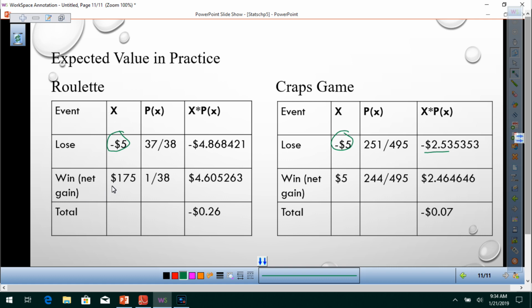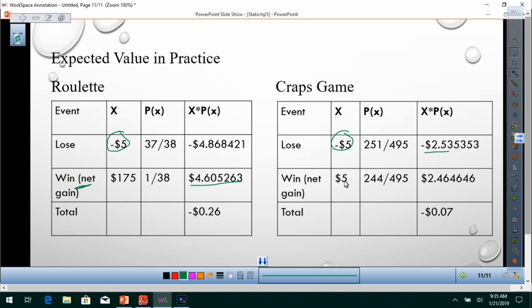But if you win in roulette, the net gain, that's minus the $180, minus the $5 that you put in, would be $175. The probability of 1 over 38 gives you $4.61, for a total loss of 26 cents. I wonder how those casinos are staying in business.